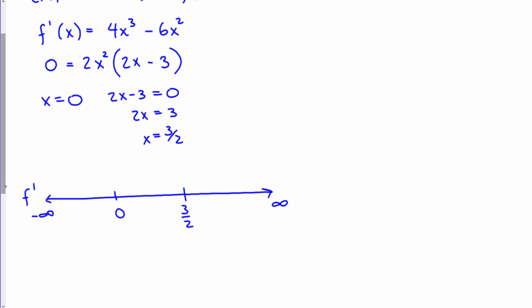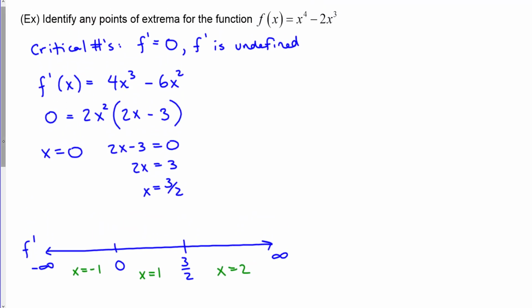So if I determine what my function is doing at -1, I'll know what it's doing in that entire interval. If I see what my function is doing at +1, same result. 3/2 is 1.5, so if I use x equals 2, that's a value in that last interval.